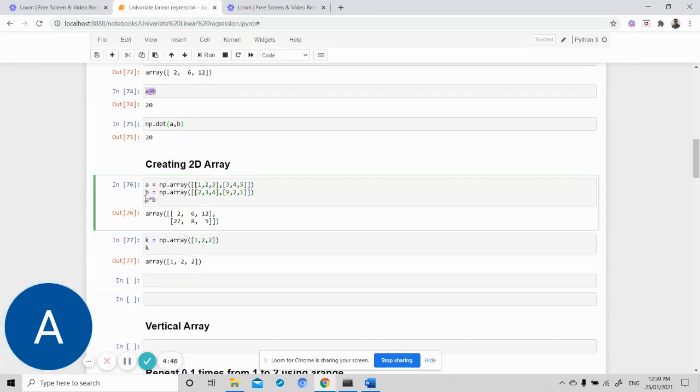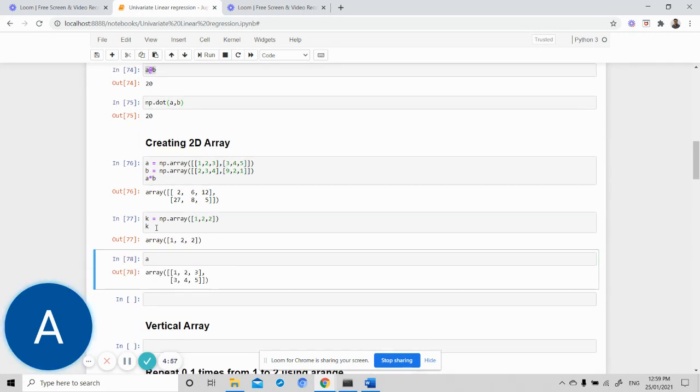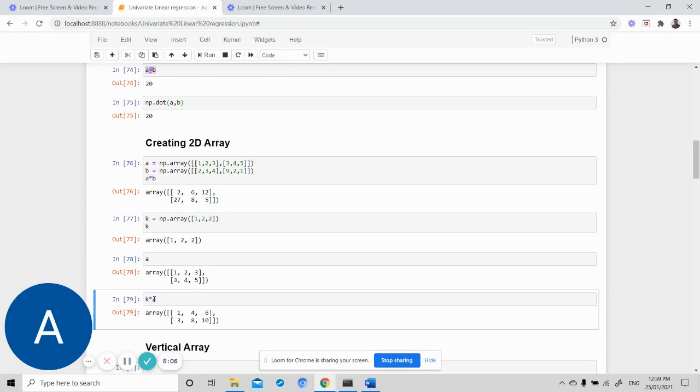Let's say we store our result, this is my K and this is my A. If we do a multiplication for K times A, it again does element-wise multiplication.